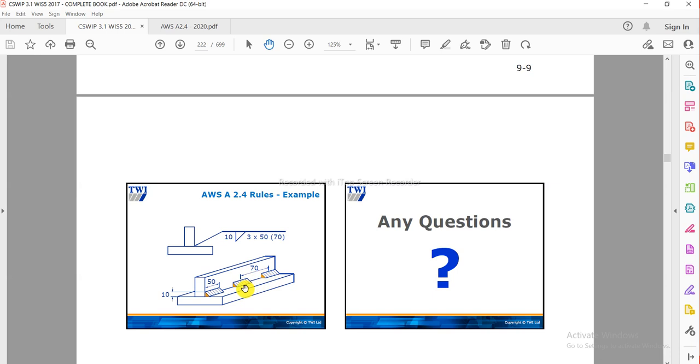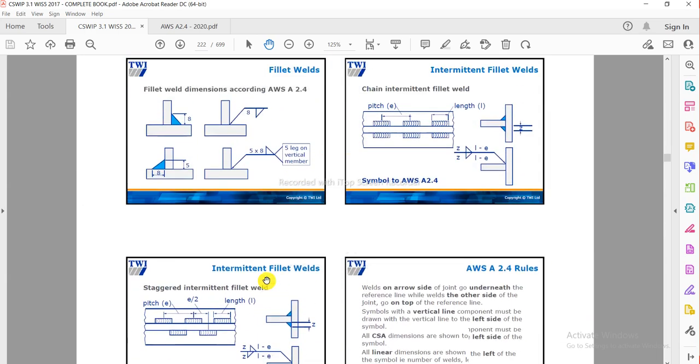As per European standards, it clearly shows the edge gap, from this edge to this edge. So in American welding it is very different. This is the fundamental difference.